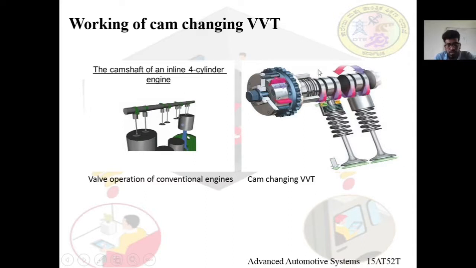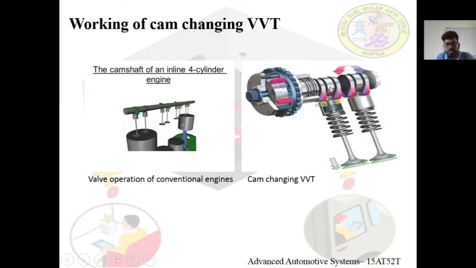Now coming to the cam changing VVT, here you can see that for one valve operation there are two different cam profile sizes. The middle one is a small size cam profile, and on either side of that are bigger cam profiles.